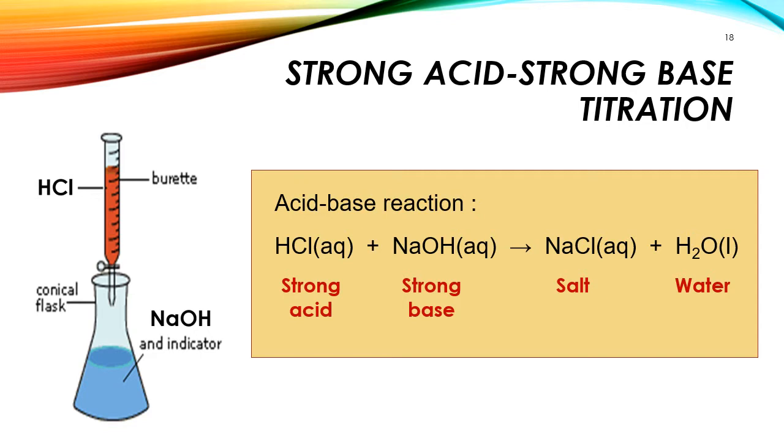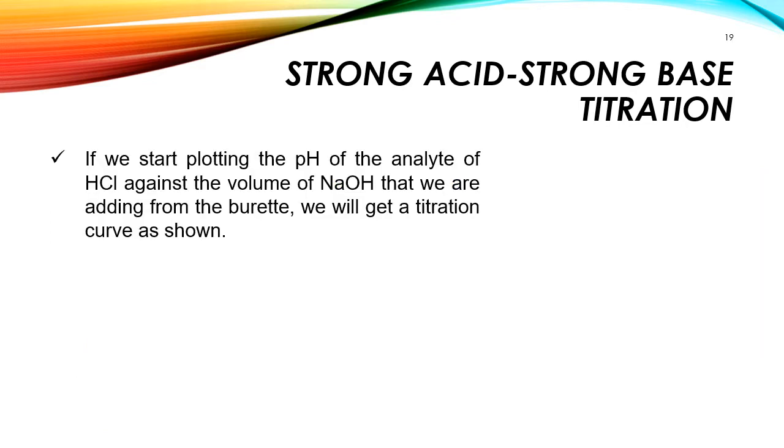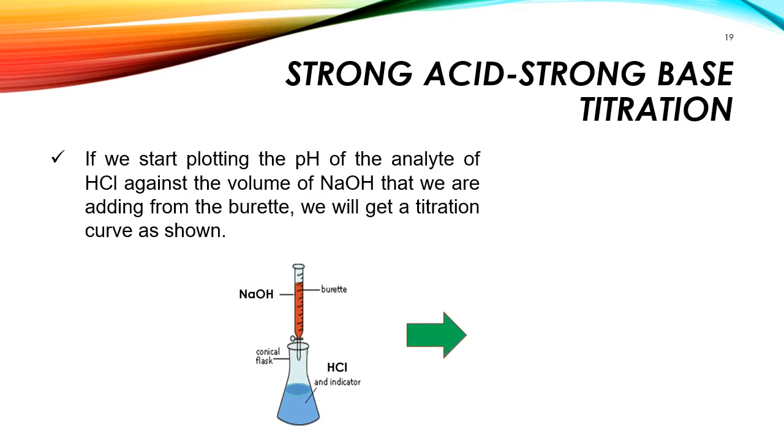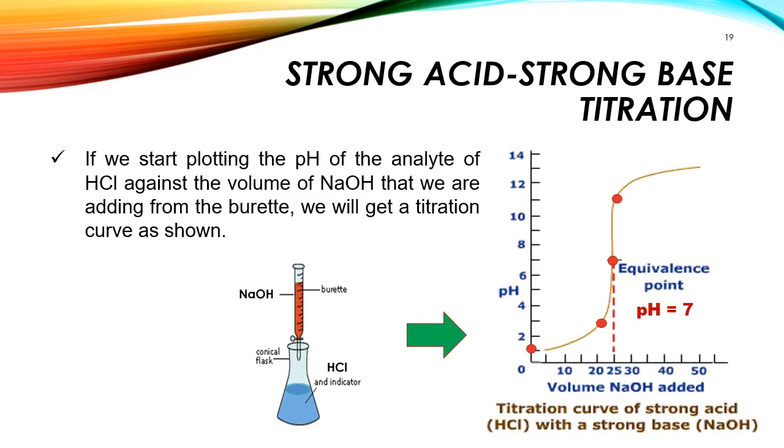Hydrochloric acid reacts with sodium hydroxide to produce sodium chloride salt and water. If we start plotting the pH of the analyte, the hydrochloric acid, against the volume of the sodium hydroxide that we are adding from the burette, we will get a titration curve as shown.